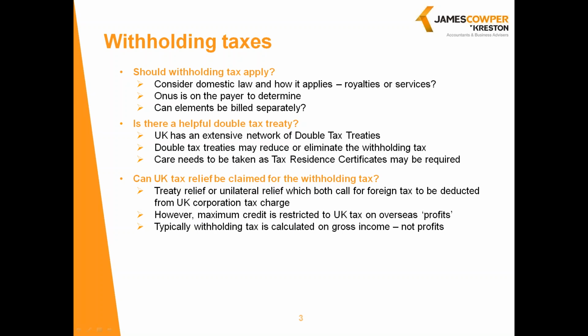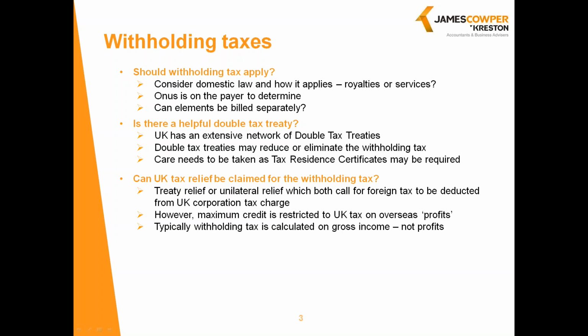Broadly speaking, it can be common for withholding taxes to be applicable to the likes of royalty payments, interest payments, and payments for the provision of technical services. It could be, for example, that in a particular country, payments for software licenses are treated as a royalty and tax withheld.